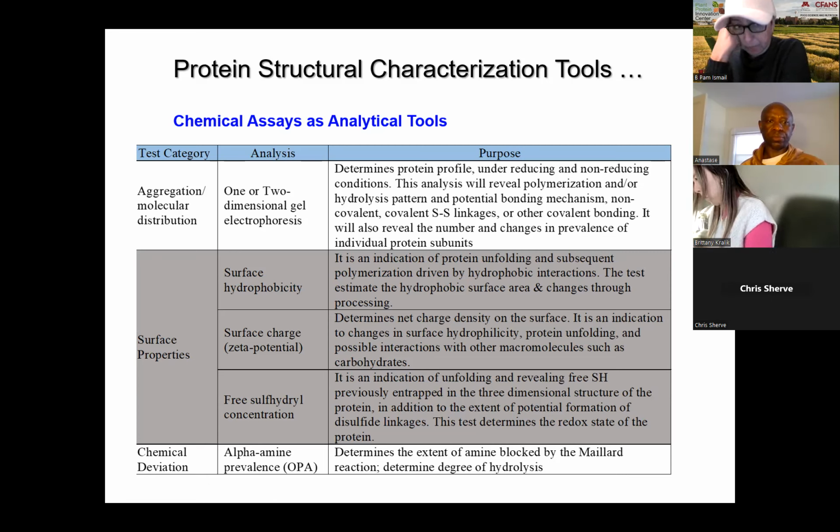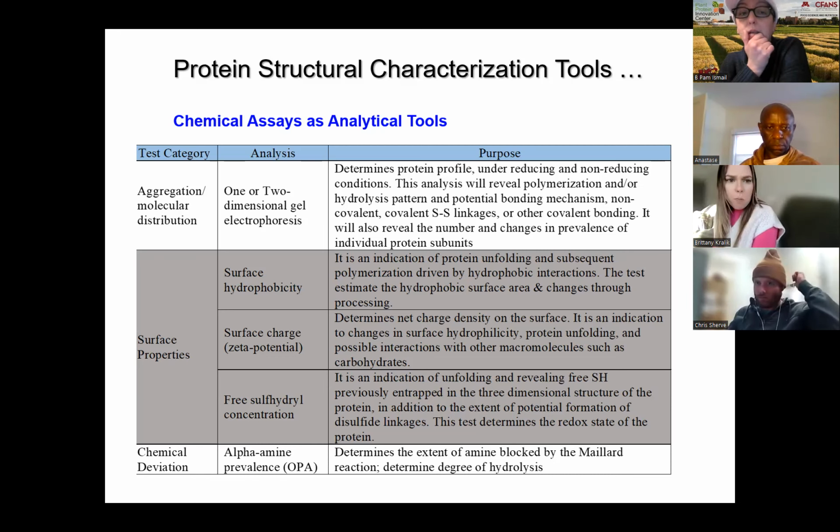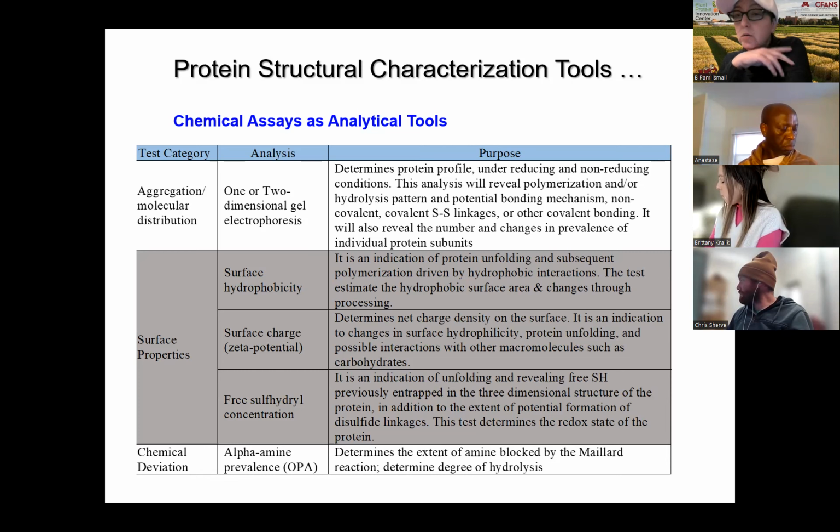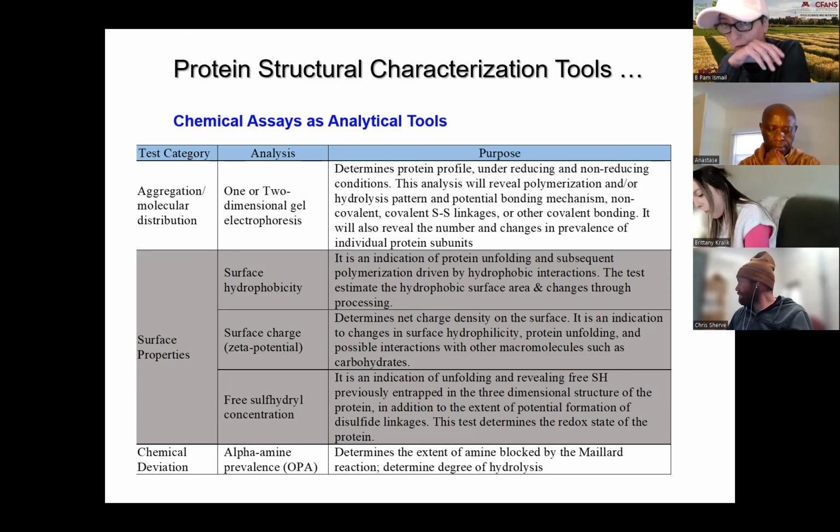So the surface hydrophobicity assay, it's basically a wet chemistry type of assay where we look at the surface of the protein in terms of its hydrophobicity. So we use a reagent, ANS, and that reagent binds via hydrophobic interactions with the hydrophobic surface of the protein, and it fluoresces.